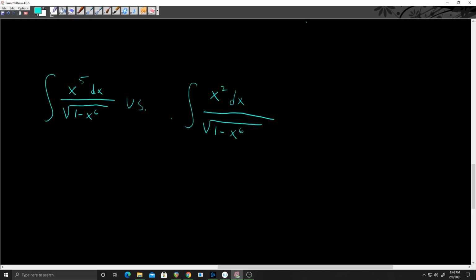So that should tell you it's not going to be u equals 1 minus x to the 6. It's going to be something else, and that is when your brain should say, okay, it's going to be an inverse sine. So clearly here u has to be x cubed, because that's what we're squaring. And then look at what happens. du is 3x squared dx, and x squared dx is in our problem. Okay? So yeah, there's that.